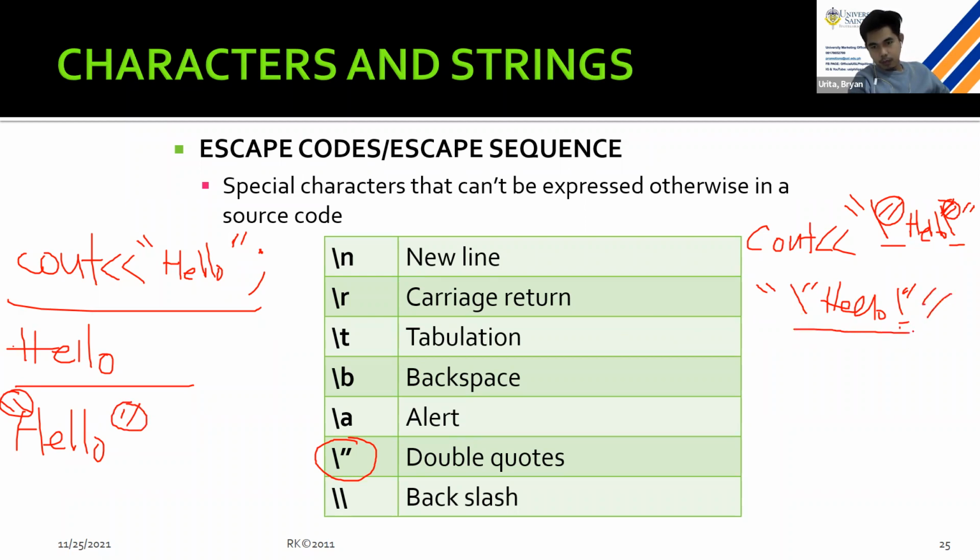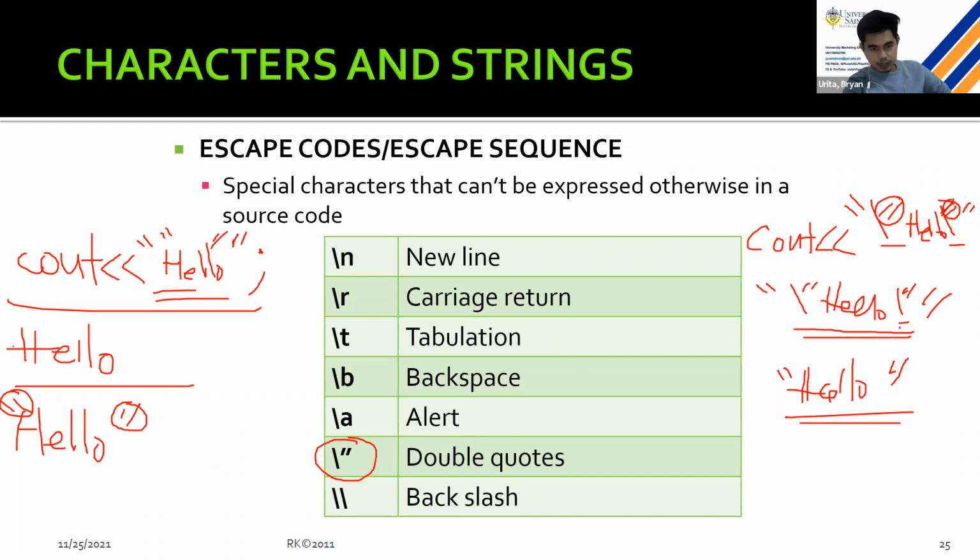So, ibig sabihin, ito na ang mag-display sa screen. Yung hello na mayroong double quotation. Pag ganito lang, yung word lang na hello ang magpapakita, wala yung double quotation. Hindi po pwede na doblehin lang yung quotation dito. Error yan. Kaya kailangan natin ito ng escape sequence.